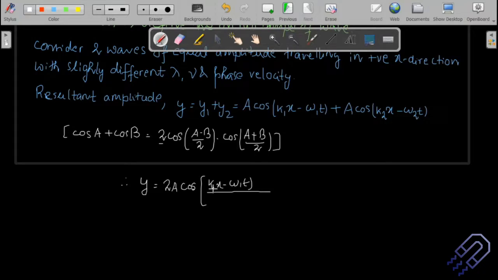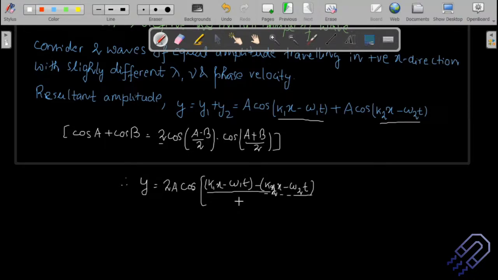You also do it on your own. A minus B, this is A in this case, this formula. I won't write down A, otherwise you'll get confused and think this is the amplitude. Anyway, this is A and this is my B. So this is A minus B, so B is k2x. You do it and also keep checking mine if I'm making any mistake in the writing, because it's going to be a longer derivation.